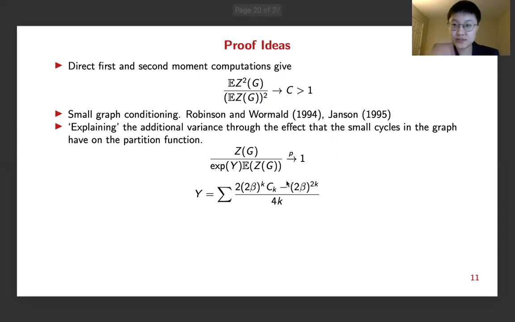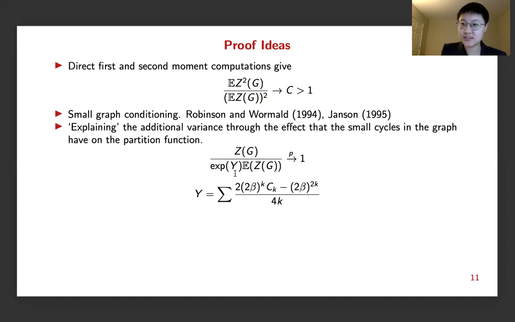We want to show that this normalized number of solutions roughly equals exponential of Y, where Y is some random variable that equals some weighted sum of cycles. And so you want to explain the additional variance of this number of solutions through these cycles.